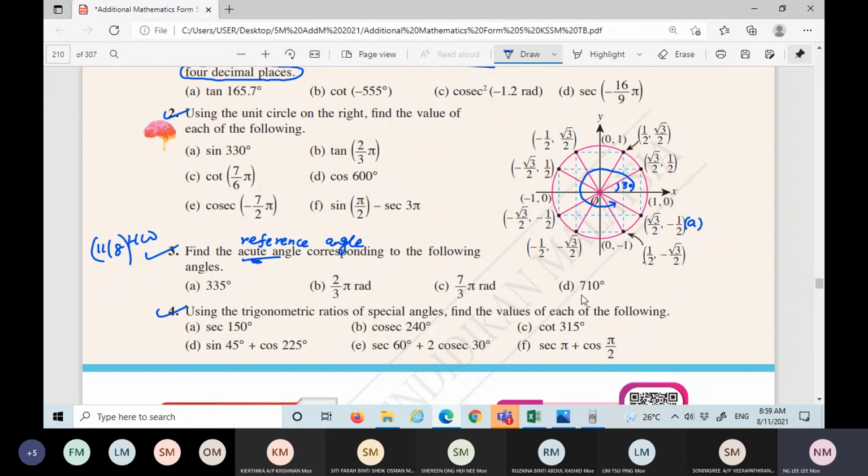Like for example, this is more than 360 already. You have to subtract. See how many rounds of 360 you subtract, so that before you convert it into a reference angle, you make sure this is less than 360. Only then can you do it.